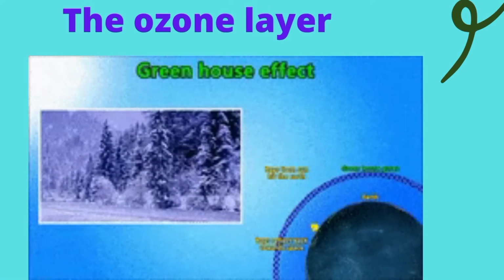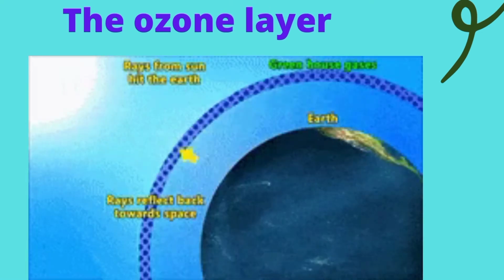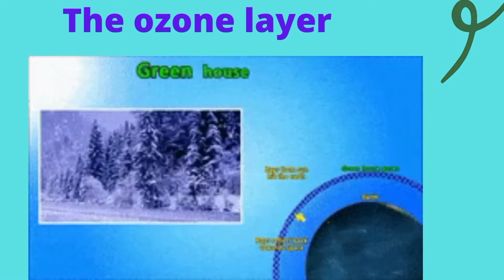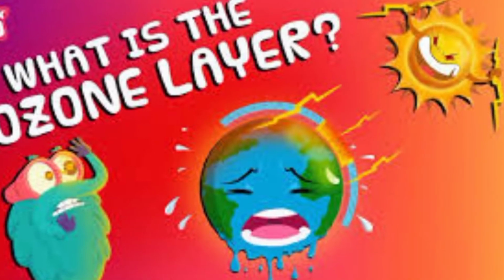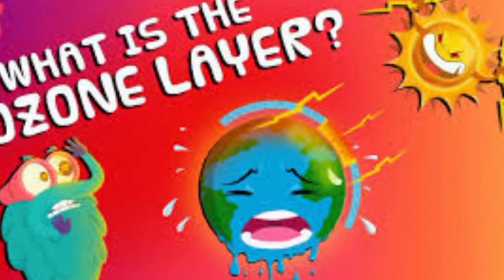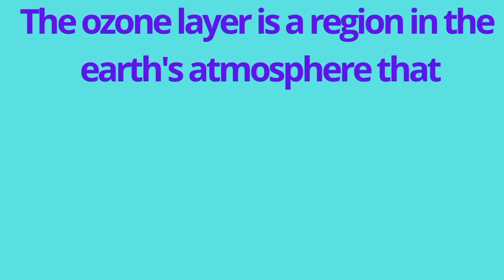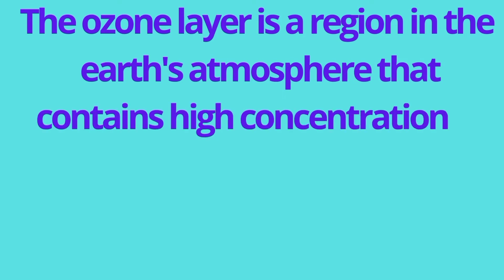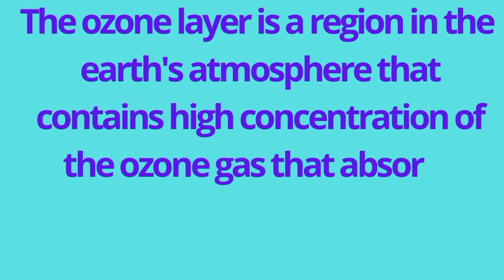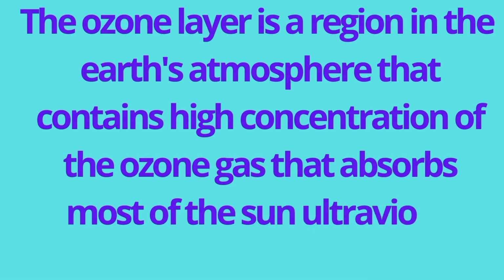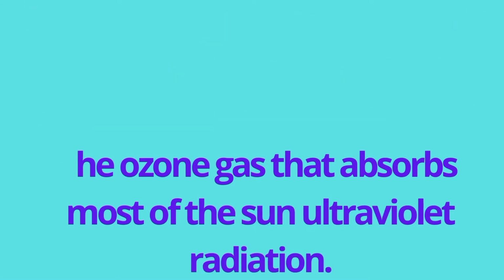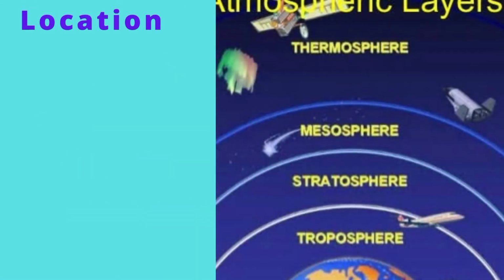But firstly, we want to look at the meaning of the ozone layer. What is the ozone layer? The ozone layer is a region in the Earth's atmosphere that contains high concentration of the ozone gas, which helps to cover us from the harmful ultraviolet radiation.